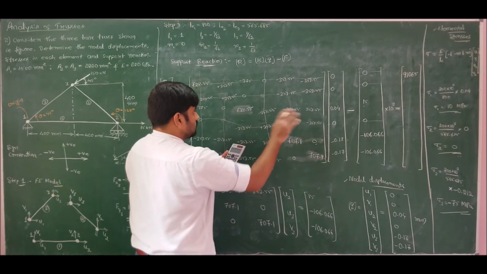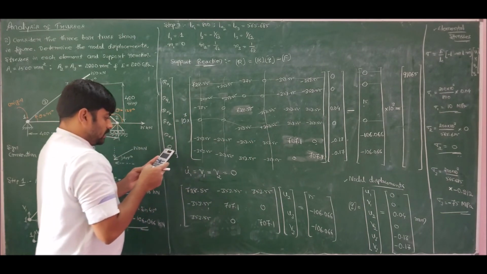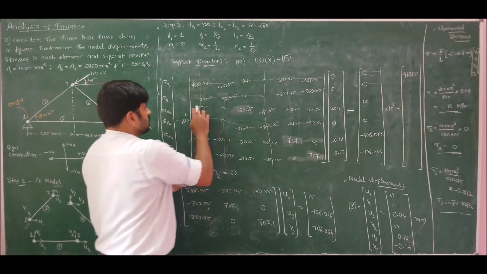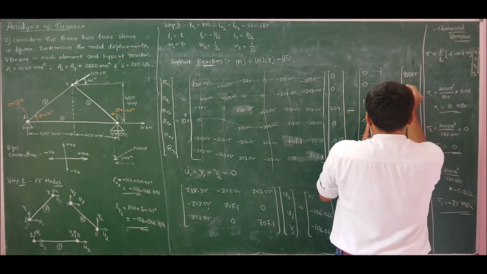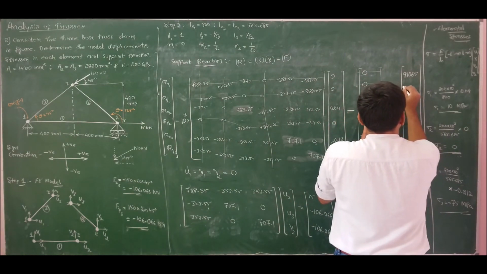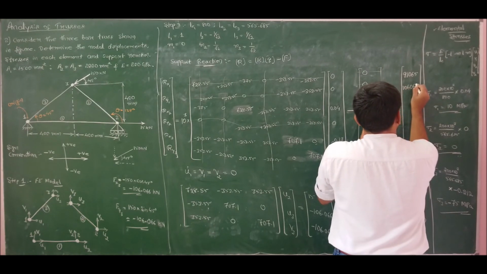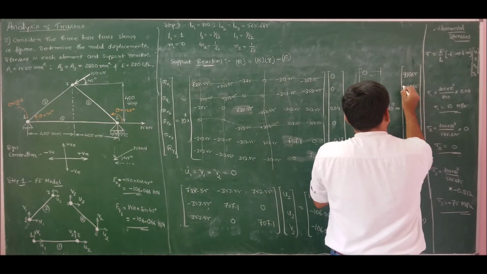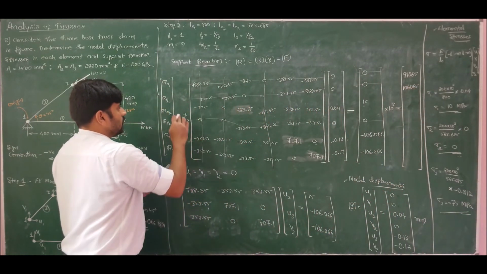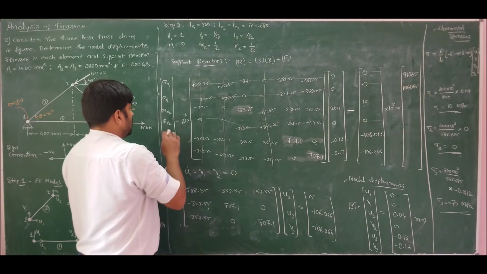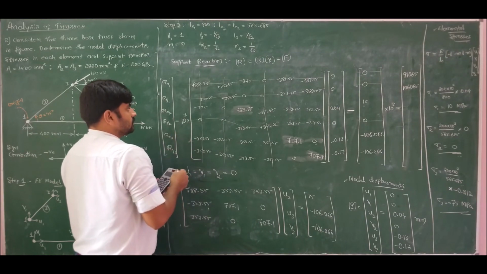So this whole answer should get multiplied with 10 power 3 minus 0. So therefore the answer is turning out to be 1,06,065 newtons.